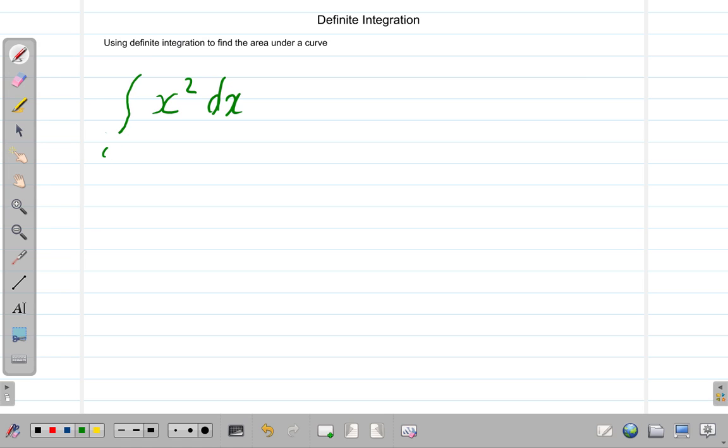Let's say from 0 to 1. Good. We want to integrate from 0 to 1 x squared dx.